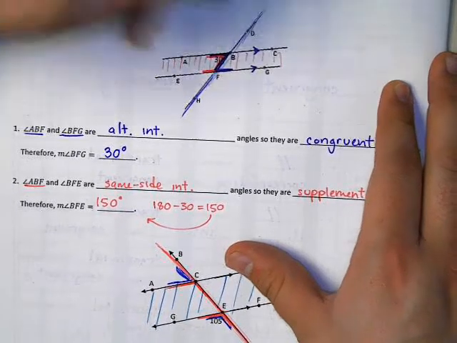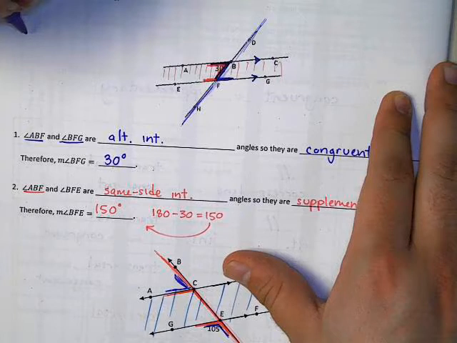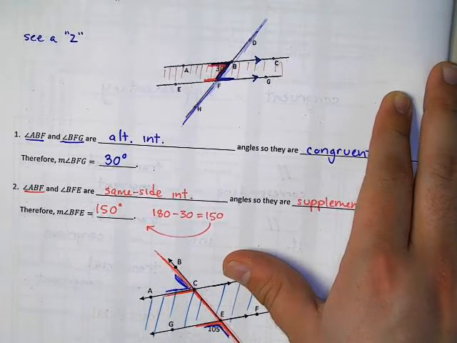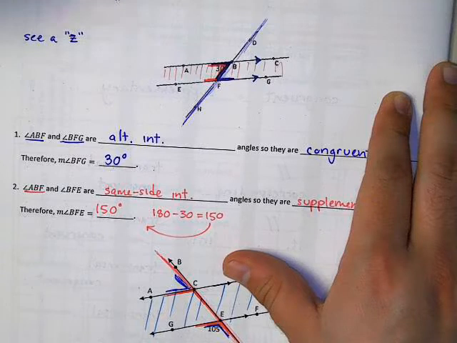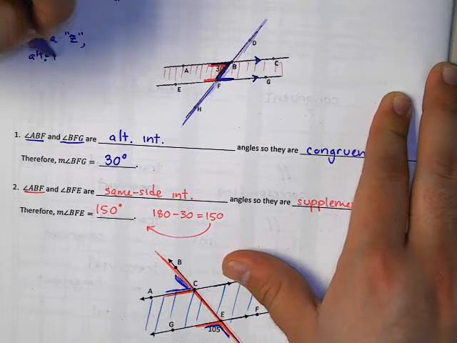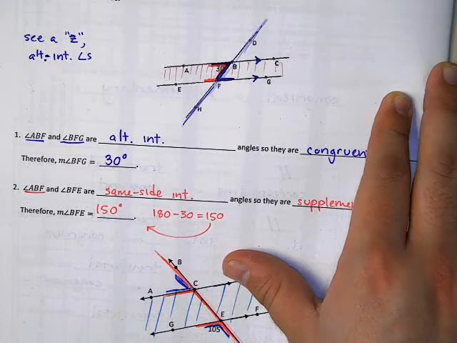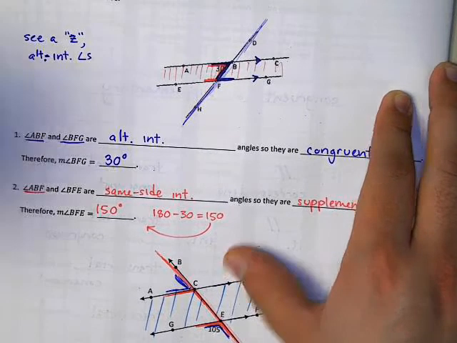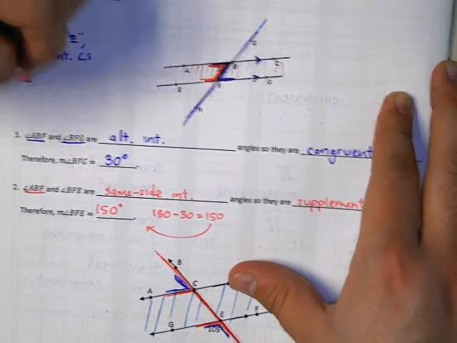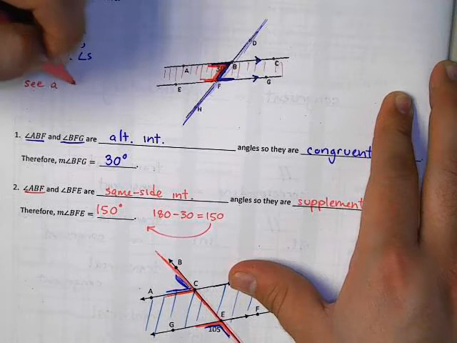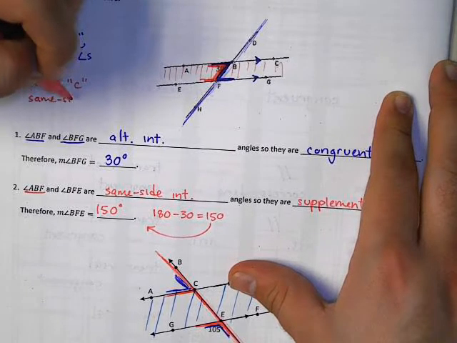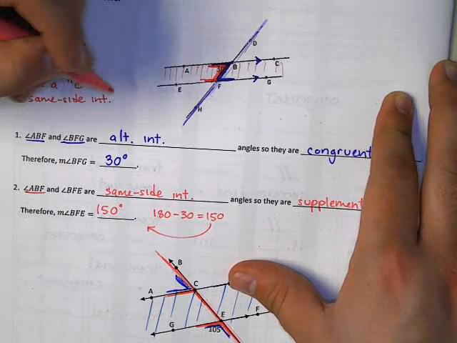If I see a Z, I know it's going to be alternate interior angles. My other ones that I saw, and I know it's a little harder here, I almost am seeing a C. I know it's a backwards C, but if you see a C, you can say that those are same side interior angles.